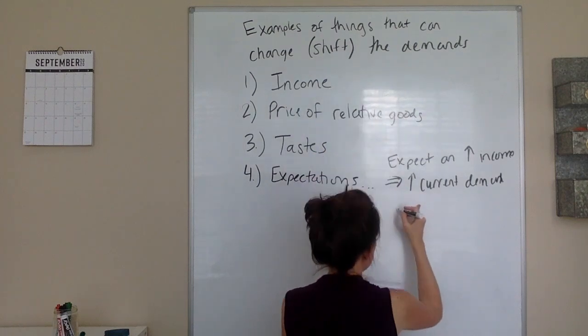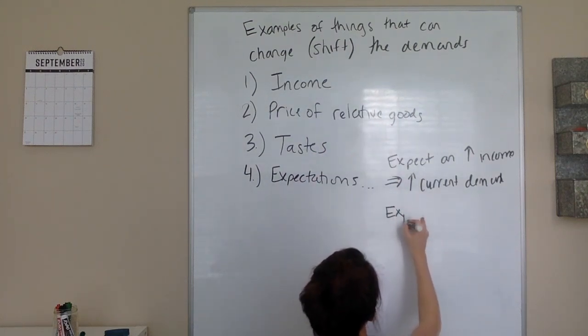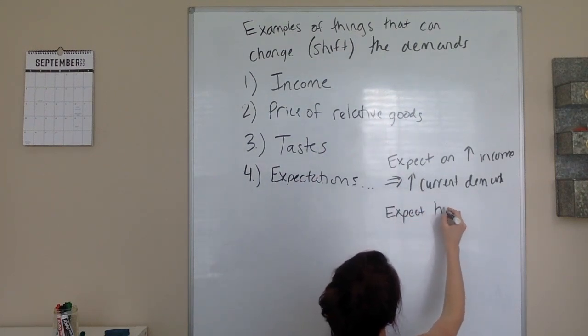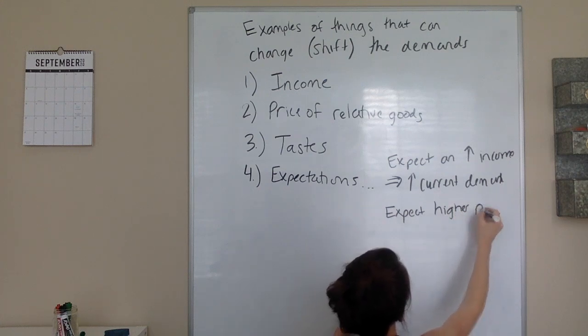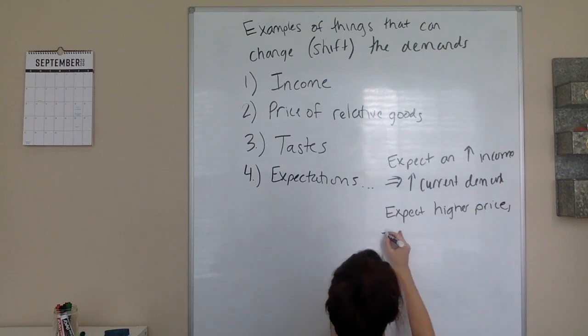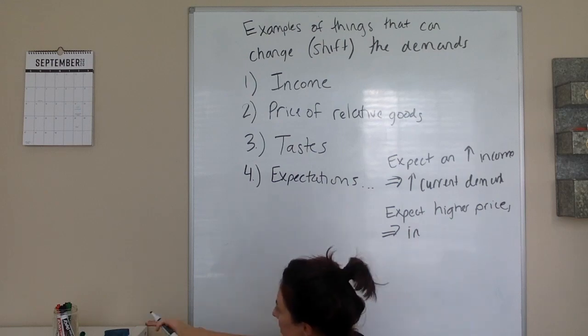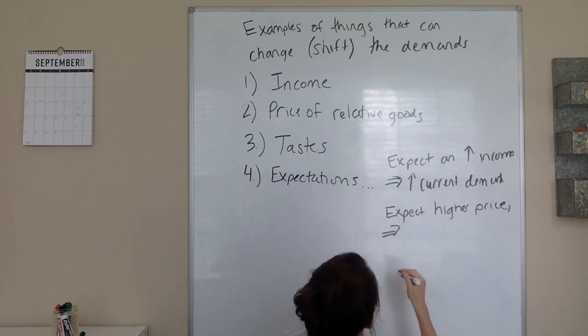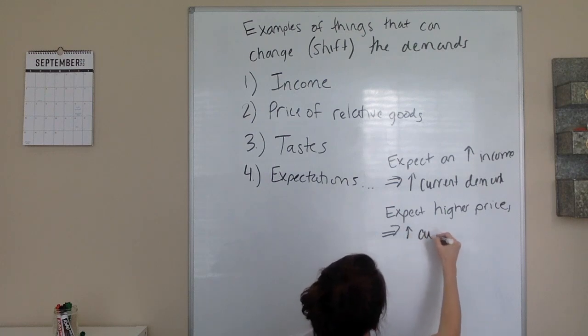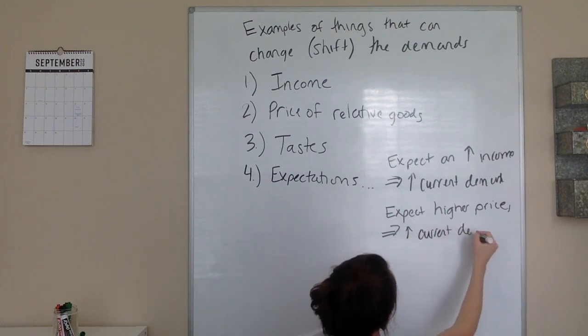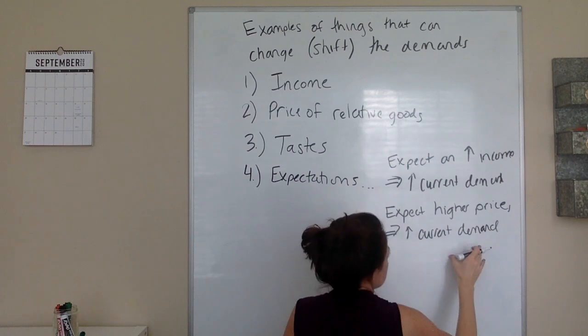If I expect higher prices, then that is going to lead to an increase, draw an arrow to save space, an increase in my current demand. And both of these things work in reverse too.